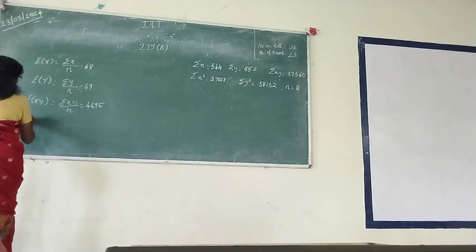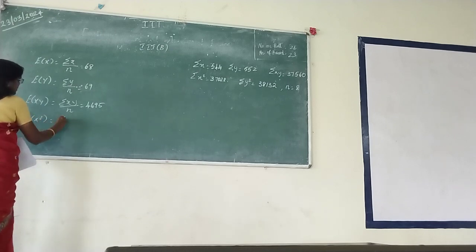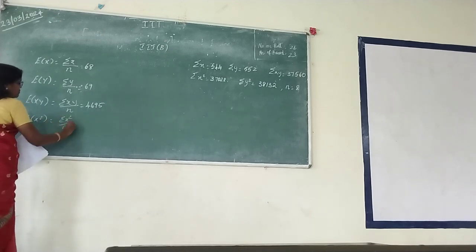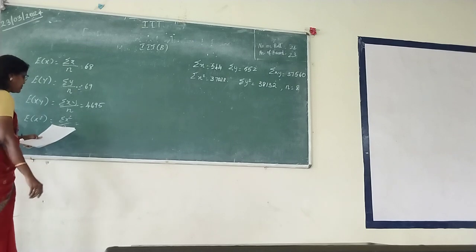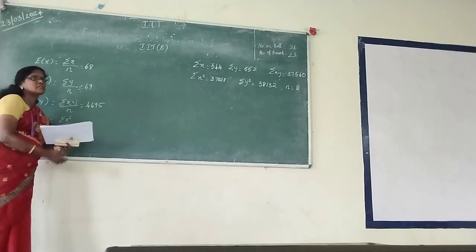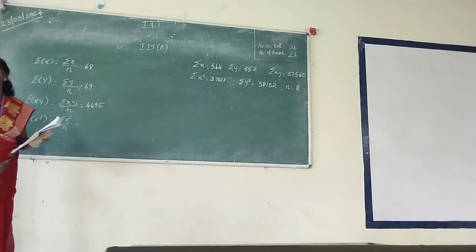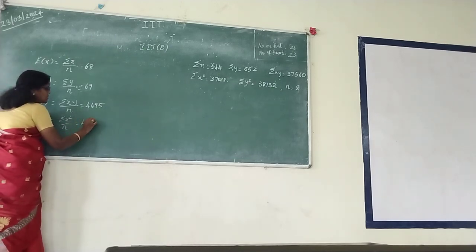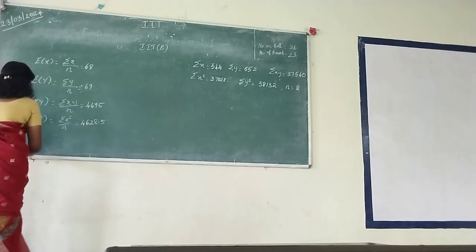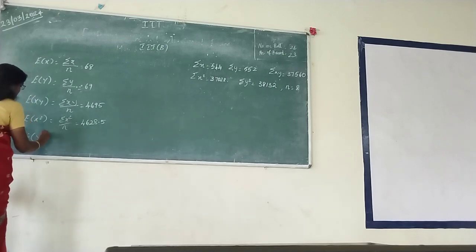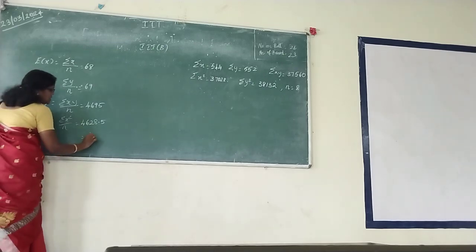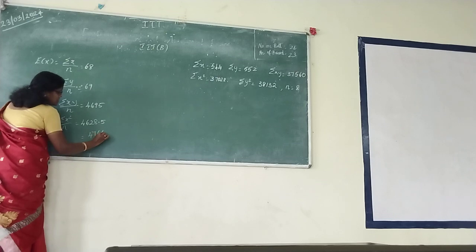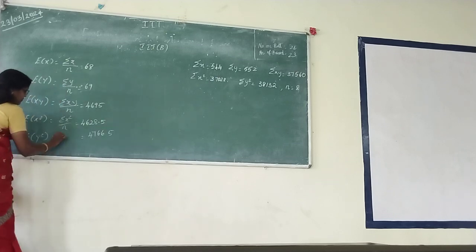Then E of x square, summation of x square by n. Answer? 4685. Expectation of y square: 4766.5.